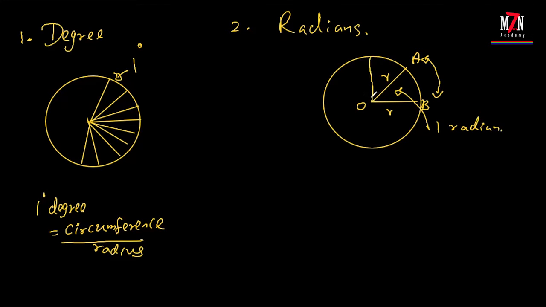So when you have one arc equal to r and another arc again equal to r, then altogether this angle is 2 radians.